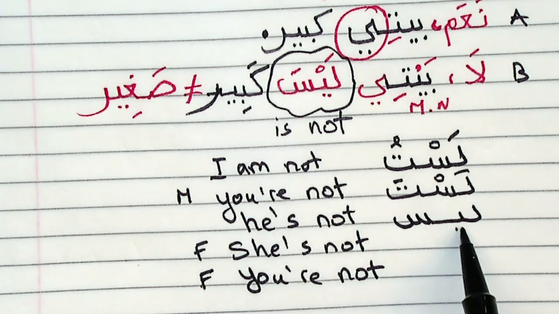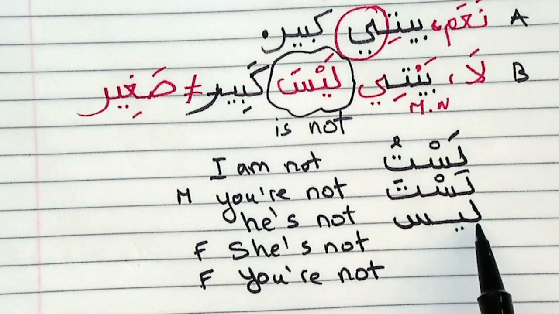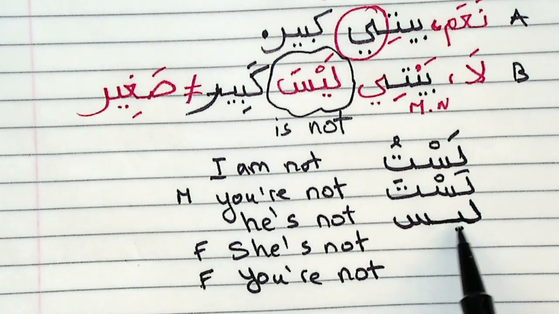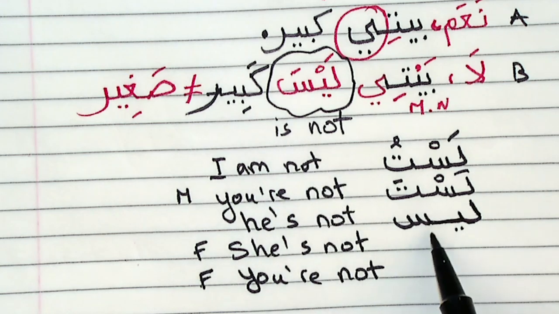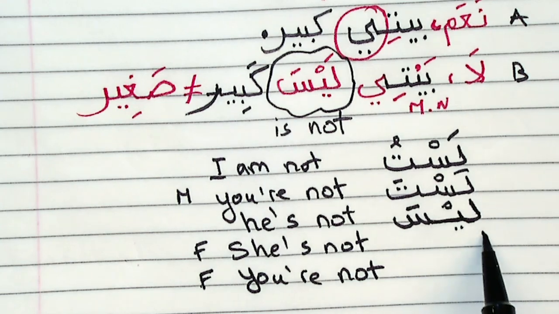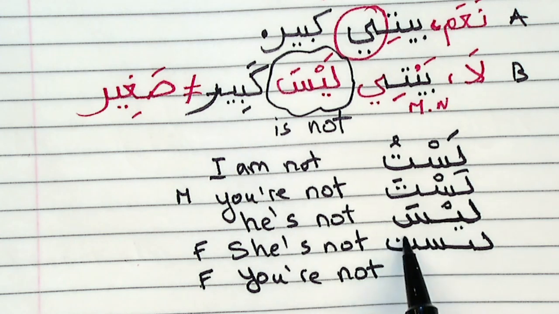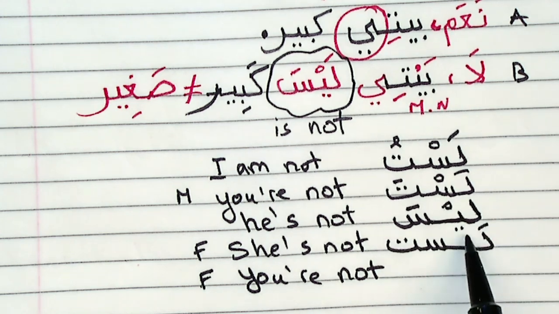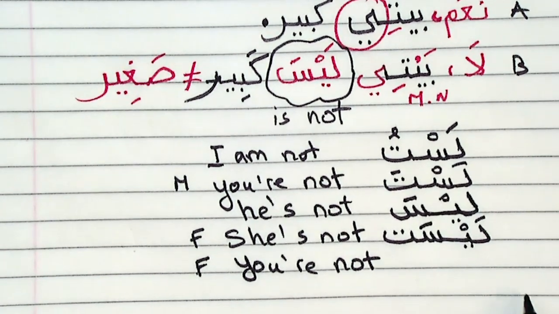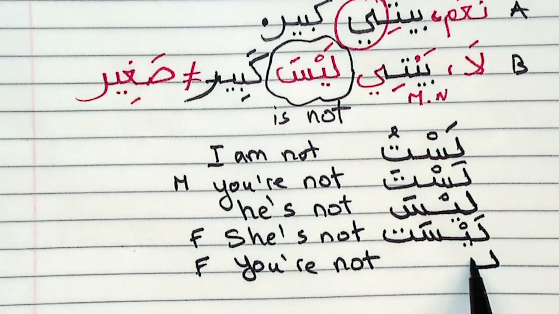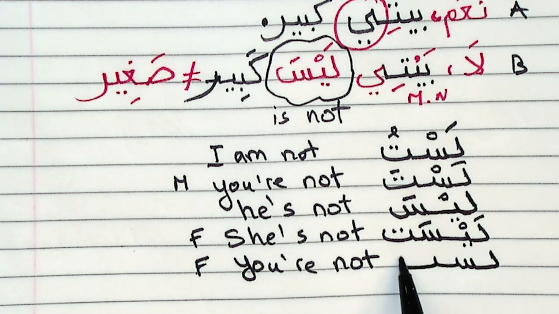As we said, the third person masculine, usually in most conjugations, keeps the infinitive. So the infinitive is laysa. He's not, laysa. It keeps the ya. She's not, laysat. You're not, lasti, for a girl.